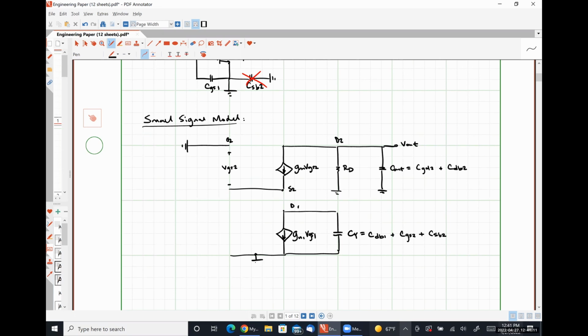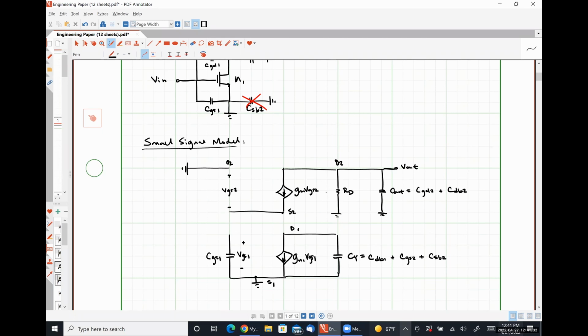Our source node here is at ground. We have our capacitance CGS1 here, over which a voltage drop VGS1 occurs. And then let's call this our input voltage, Vin, like so.